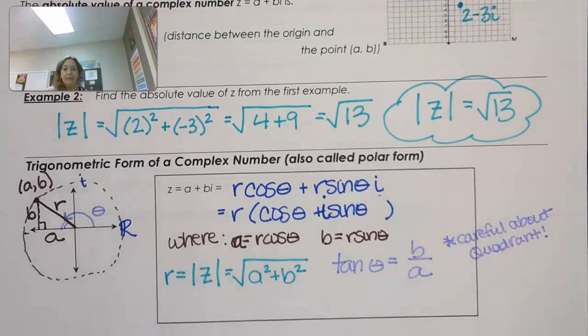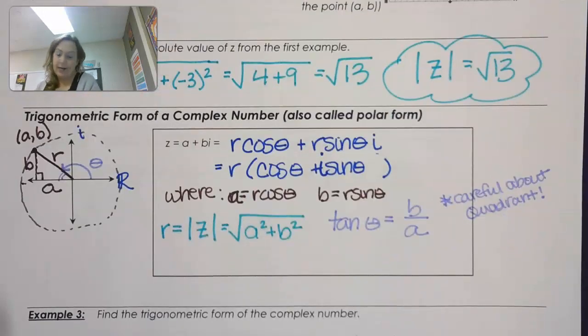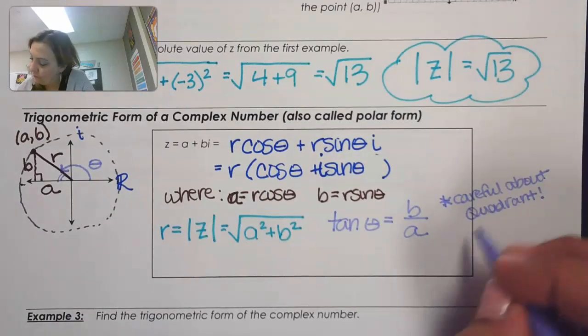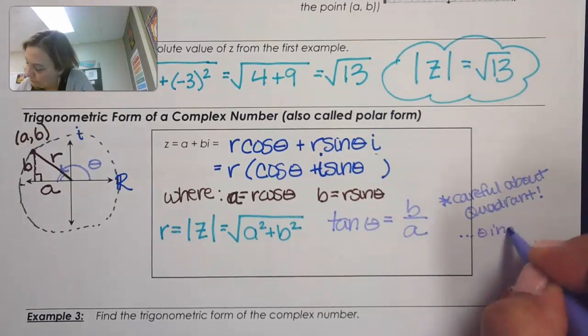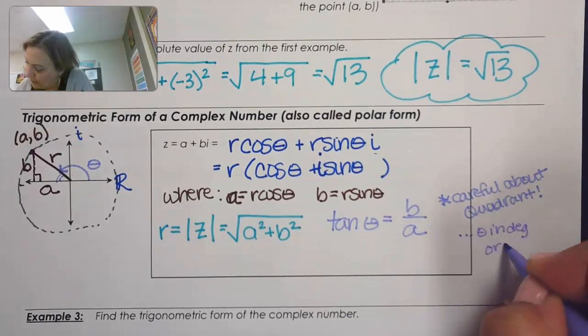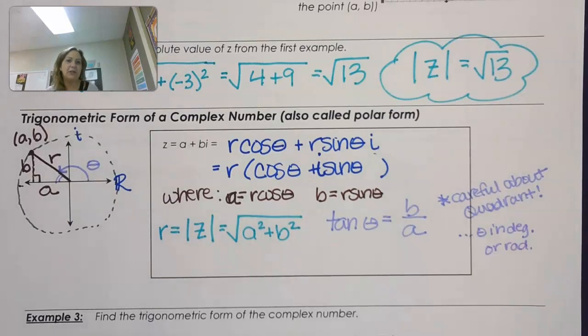And your theta can be in either degrees or in radians, it doesn't matter. In a quiz or test situation, of course, I would tell you which one I would want in a specific case.